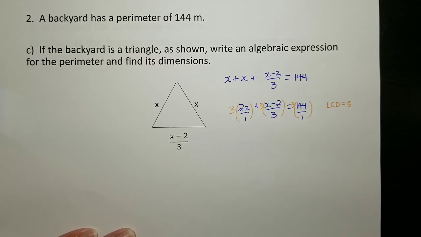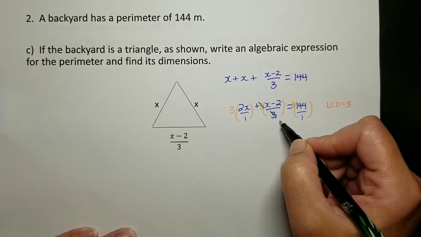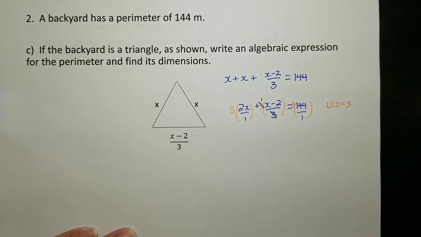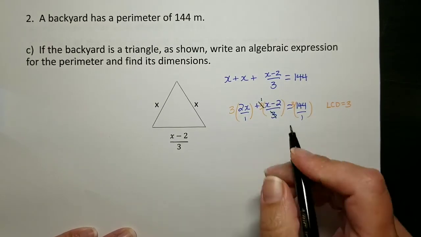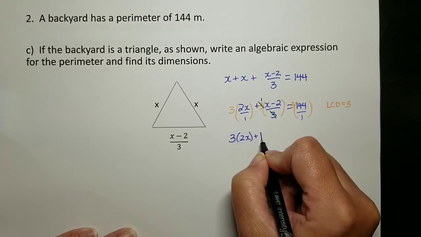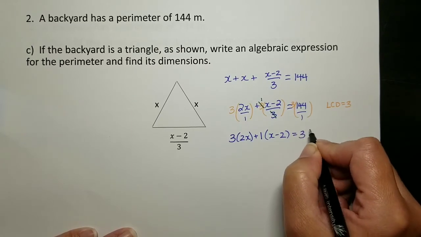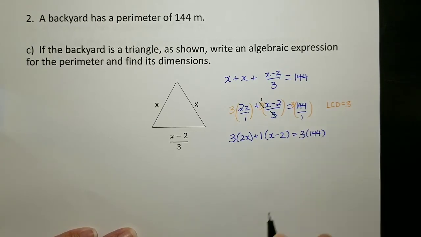Careful here, we need to reduce before you multiply. Multiplying by 3 and dividing by 3 is just 1. So I get 3 times 2x plus 1, because it reduces, times x minus 2 equals 3 times 144.